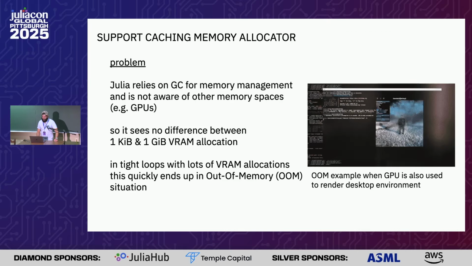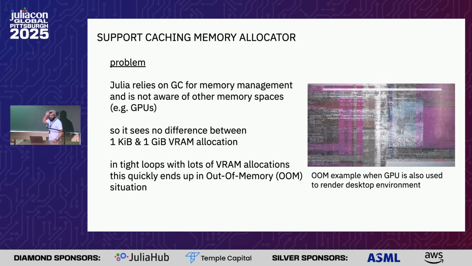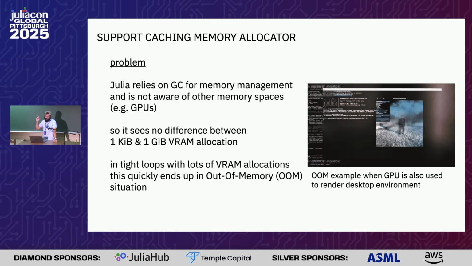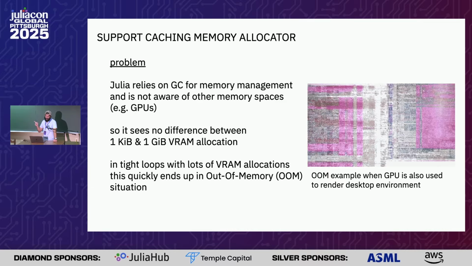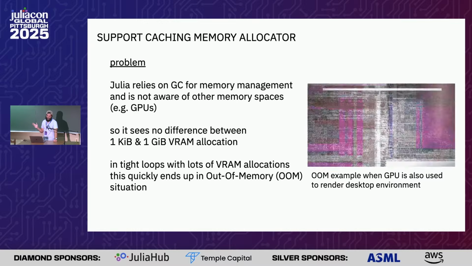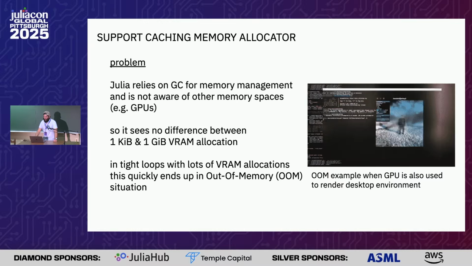I'm not sure if anyone ever ran into this kind of image when working with AMDGPU, but this is quite common on laptops and desktops where you run a kernel or an application and you start using up a lot of GPU memory and suddenly your display manager is not pleased with you.